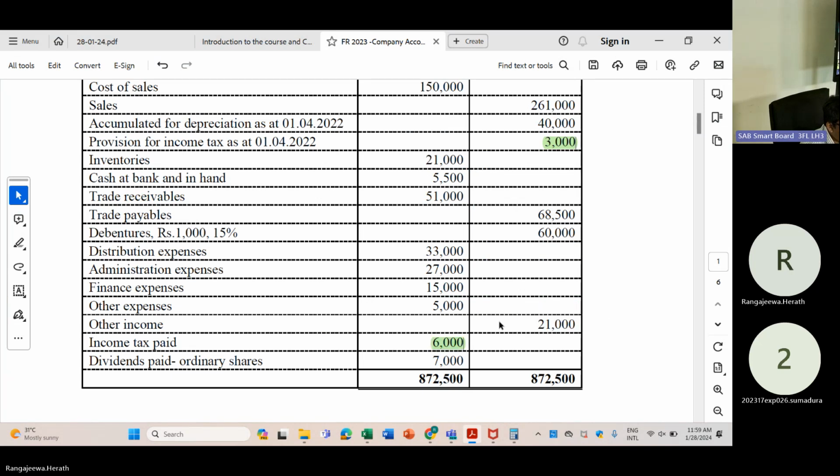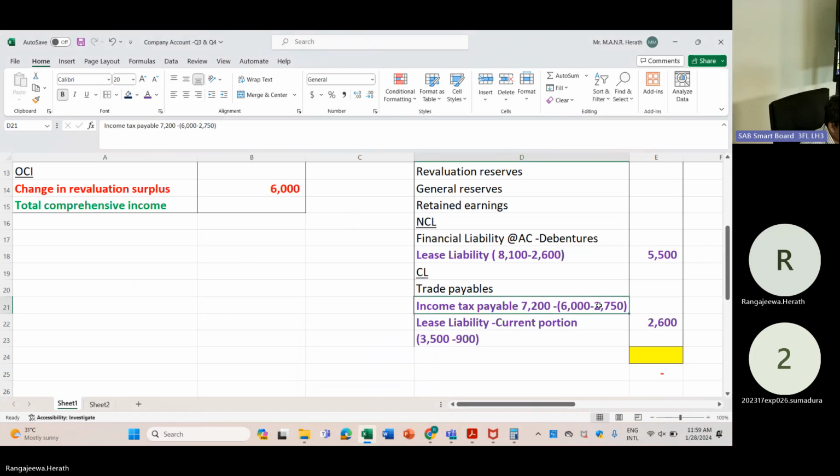But the 6,000 include 2,750 paid for the last year. එහෙනම් මේ අවුරුද්දට ගෙවලා තියෙන්නේ ඔය 6,000න් 1,750 බඩු වෙනවා. So that is what we have paid for the current year. The total tax liability 7,200. From that we have paid only 3,250. Balance is payable. That is the tax payable 3,950.